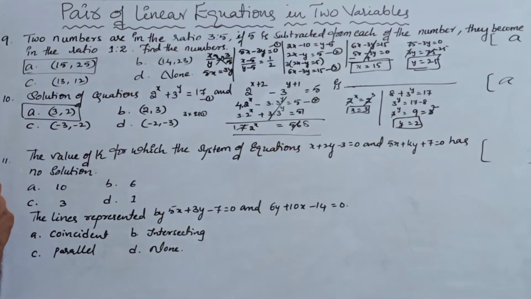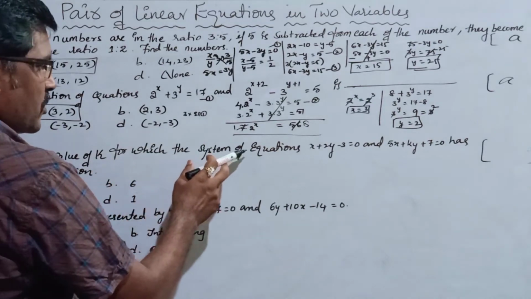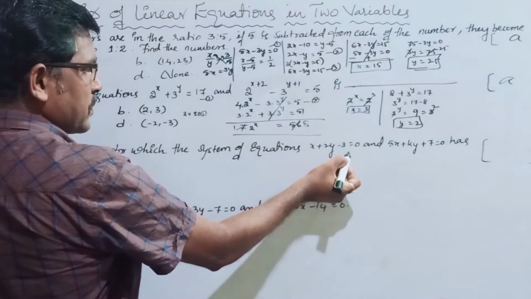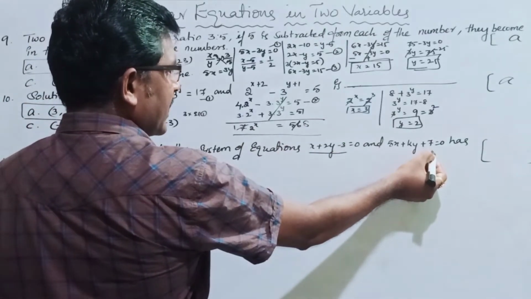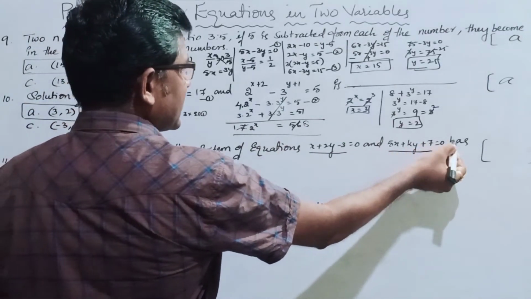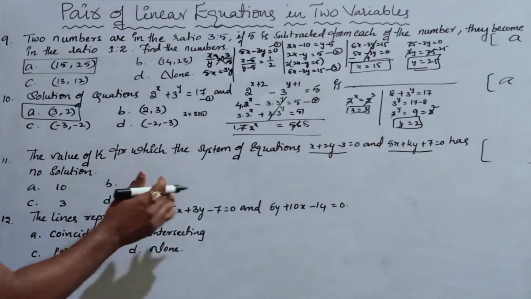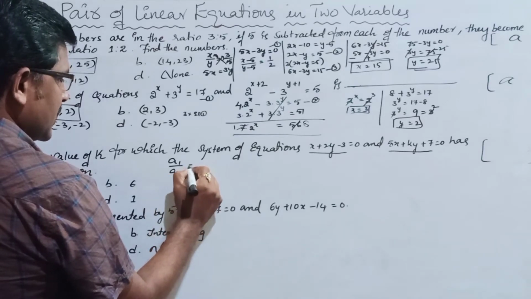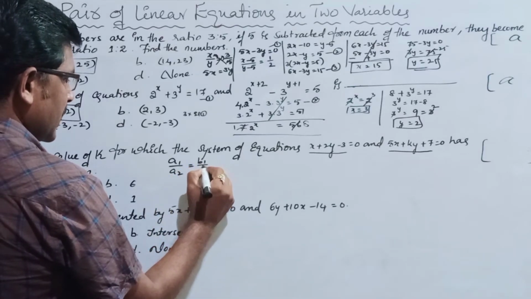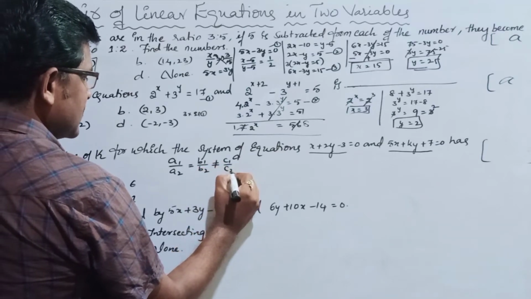The next, 11th question, the value of k for which the system of equations x plus 2y minus 3 is equal to 0, 5x plus ky plus 7 is equal to 0 has no solutions. So no solutions means the condition a1 by a2 is equal to b1 by b2 is not equal to c1 by c2.